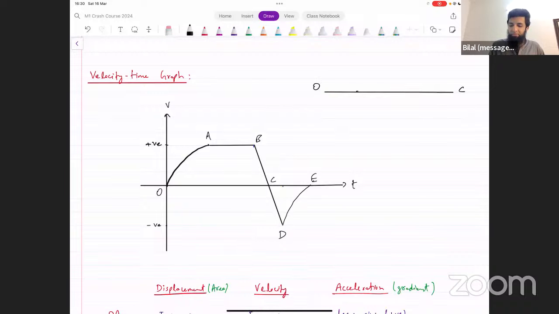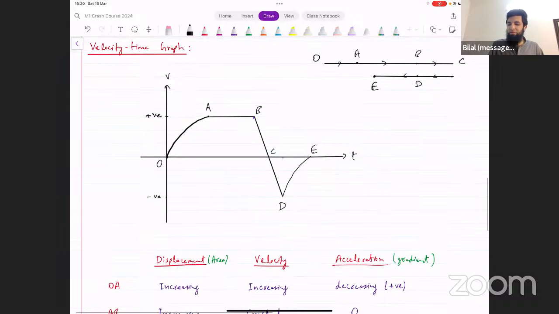You might have some point A here and another point B here, then another point C. And then at C, it starts moving in the backwards direction. So it starts coming back. There will be some point D here, maybe. And then it comes back more to some point E.